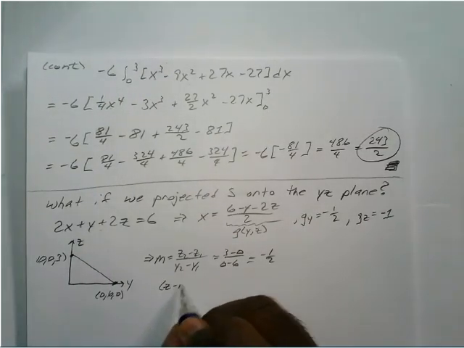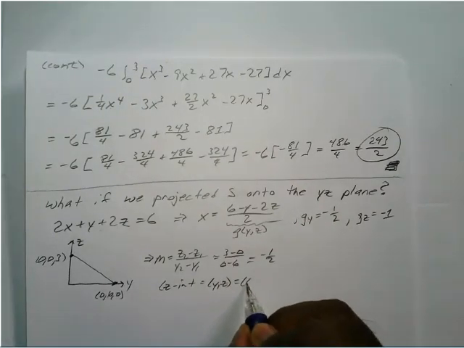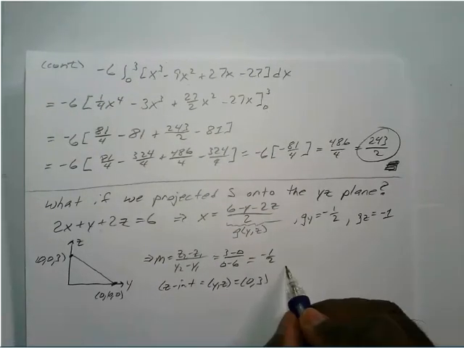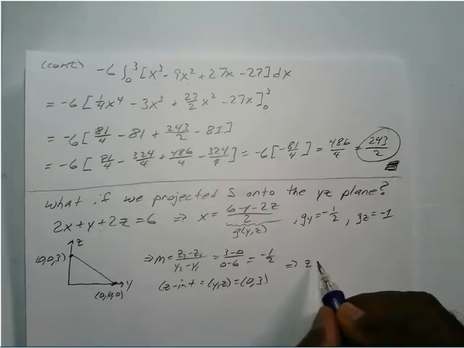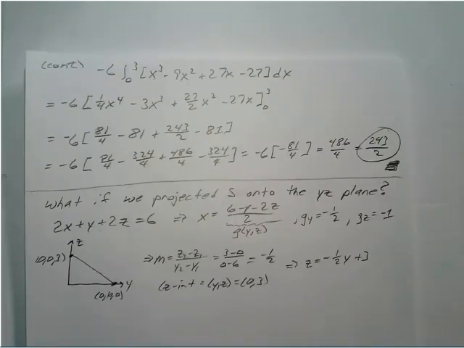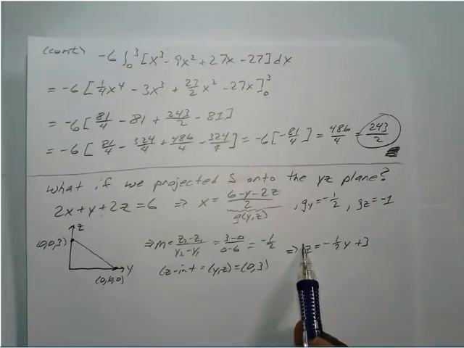And the z-intercept, remember that's in the yz plane, is equal to 0, 3. So using those two, we can come up with our equation. z is equal to negative 1/2 y plus 3. Remember, this is what we're going to use for our region.